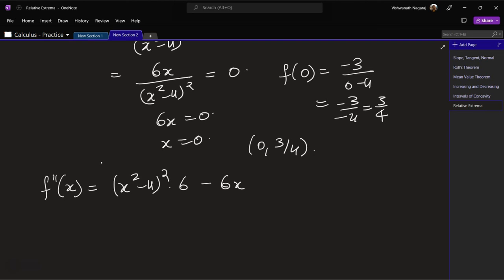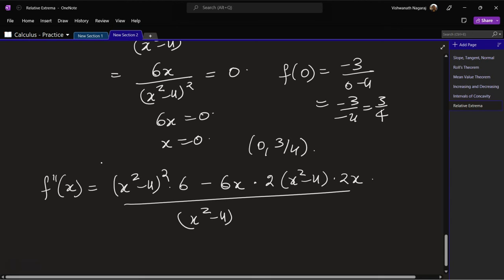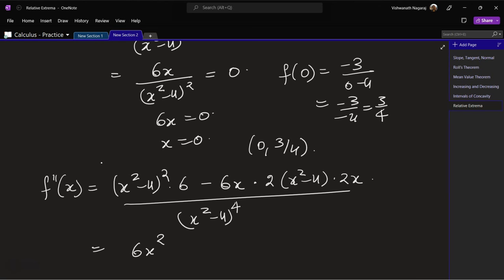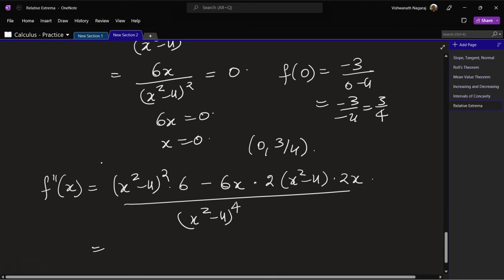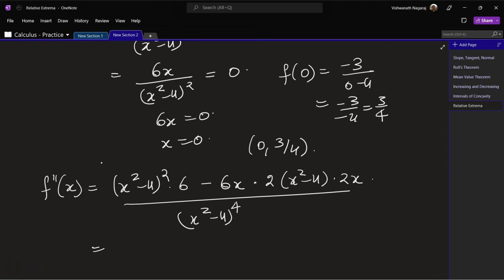We get 2 times x square minus 4 times 2x divided by x square minus 4 whole square, so to the power 4. Okay, we need to do it in more than one step. Leave it as it is, because there is commonality, we can take it common out.